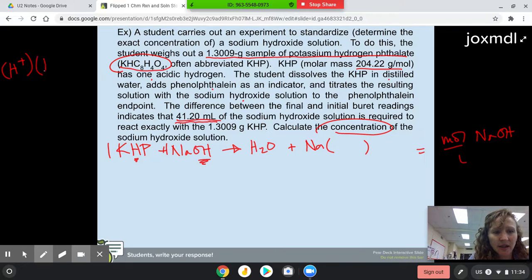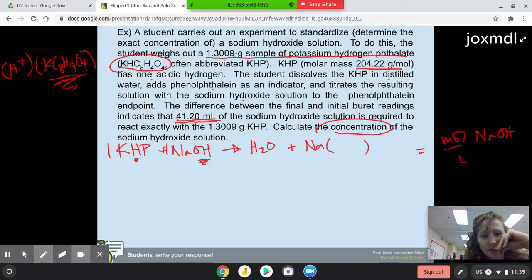Technically, if you want to know, it'd be H plus KC8H4O4. So this would be your anion that would get connected to sodium. But since it has one acidic hydrogen, you know it's going to be a 1-to-1 ratio. And so we don't really need to know what this salt is unless they ask us something about the salt, which they don't.